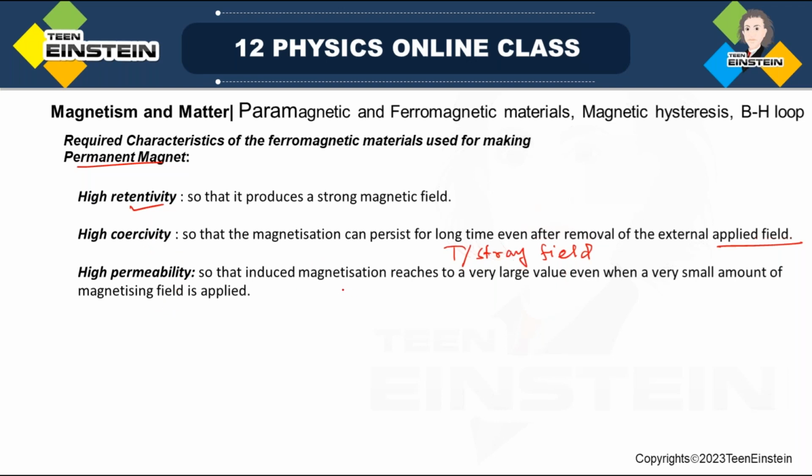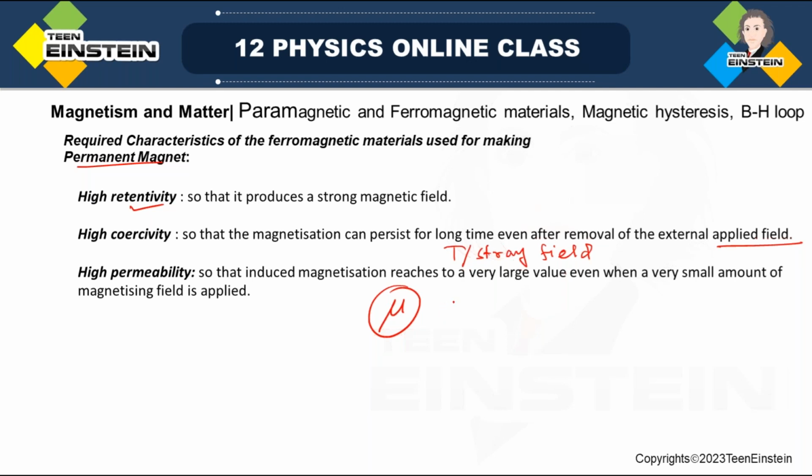And high permeability is required in this case also. In soft ferromagnetic materials permeability is really high, but in this case also permeability, that is mu, has to be very large.